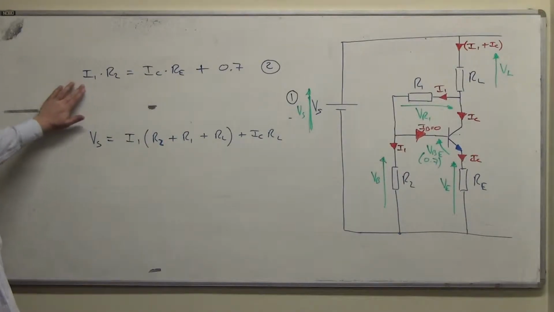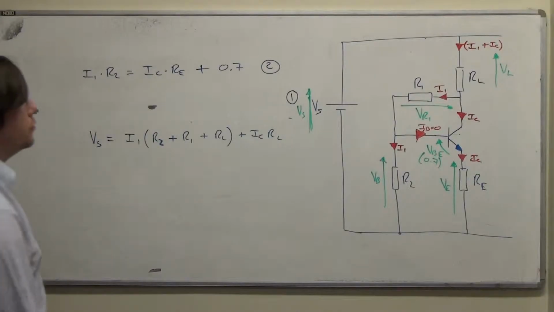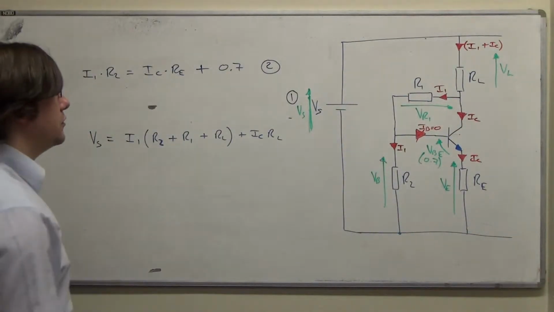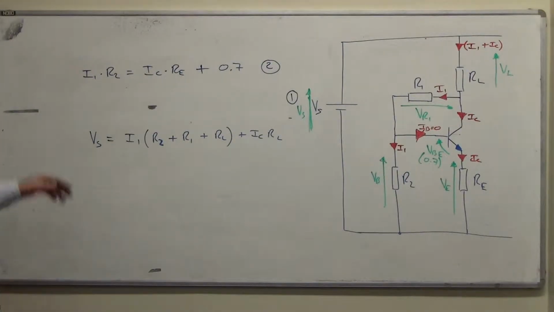So we've got to get rid of I1 somehow, and we're heading towards IC, because we'll need to know IC to calculate what VC is, the voltage from this node to ground. We may need to know I1 as well, depends how the equations run, but if we do need to know I1, we'll be able to back substitute into an equation that we derive along the way.